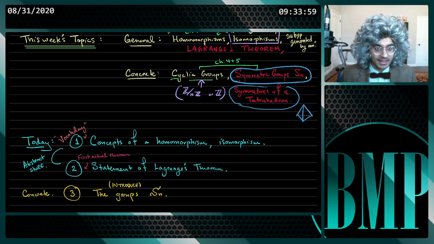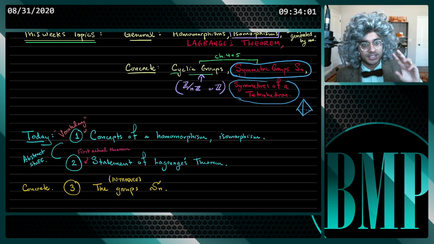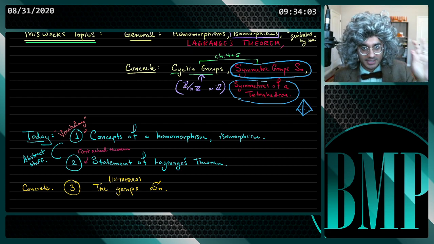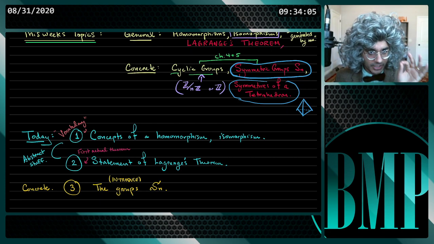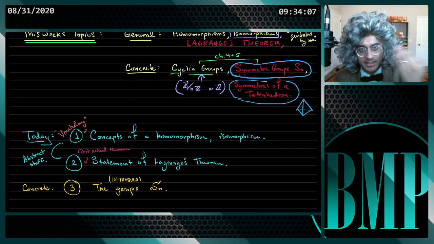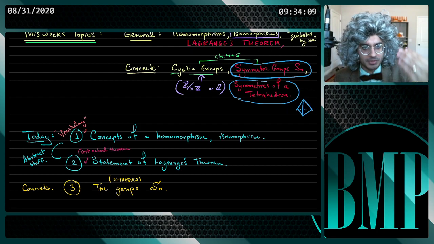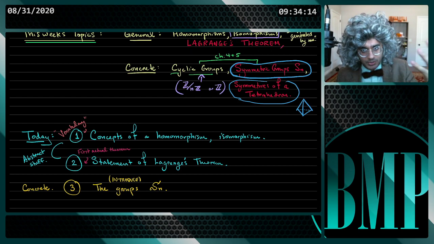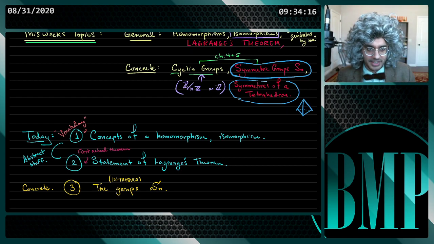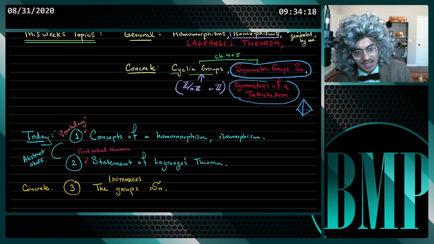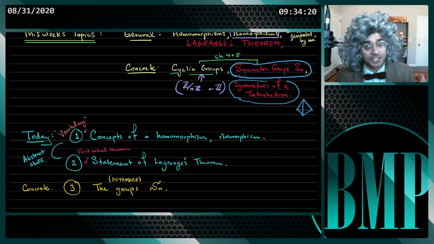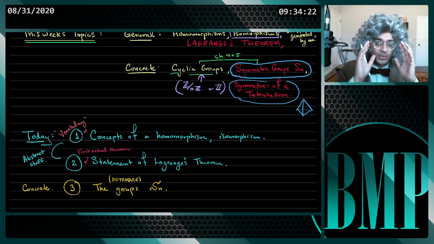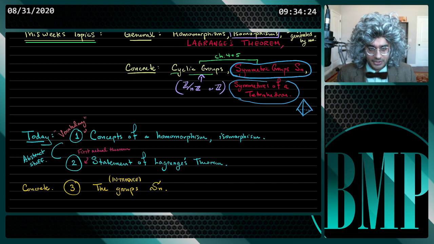Okay, so for today, what I'm going to do is introduce the definition of what a homomorphism is, and then a special kind of homomorphism is an isomorphism. It's like vocabulary. It's part of the language of group theory. So that's how you want to think of it. The second thing is I'll just state Lagrange's theorem to tell you what our goal is in that theorem.